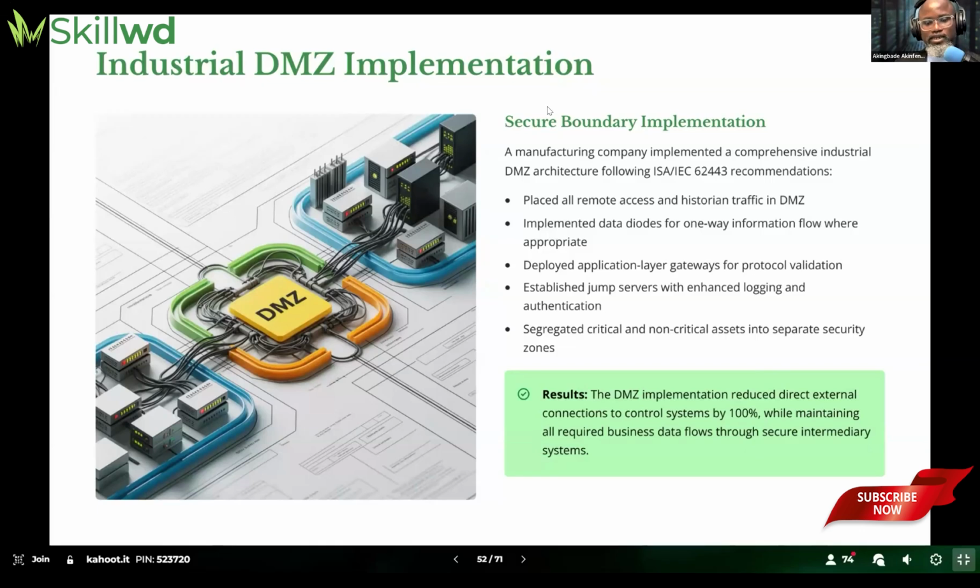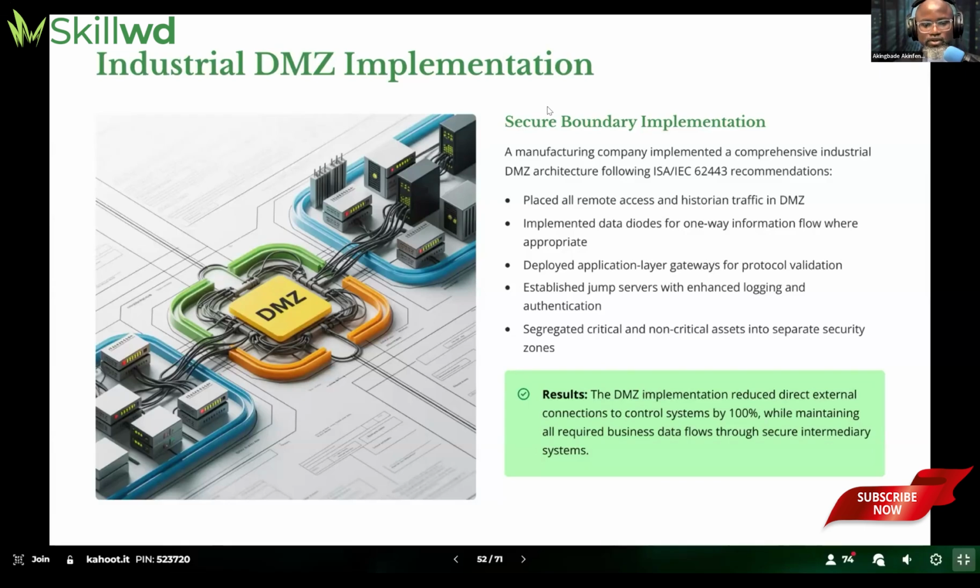So we put all our remote access and historian in the DMZ, the demilitarized zone. We have data diodes for one-way information flow where appropriate. We deploy application layer gateway for protocol validation. We establish jump servers with enhanced login and authentications. We segregate critical and non-critical assets into separate security zones.